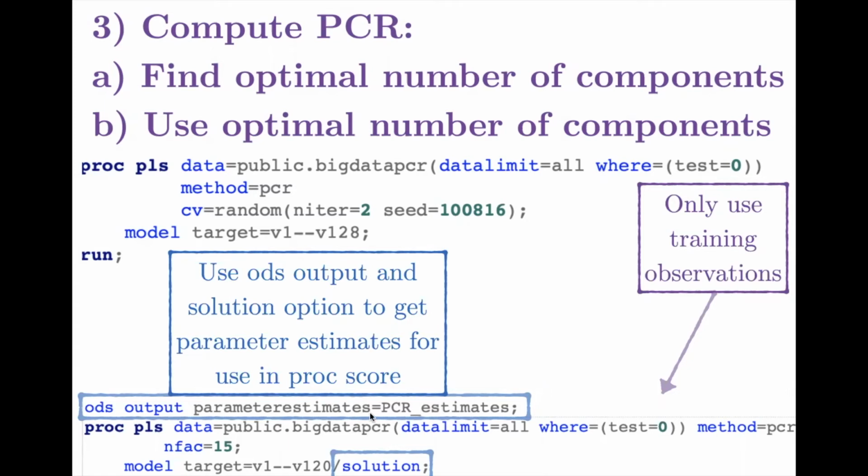So here I'm putting the table called parameter estimates into an actual SAS table called PCR estimates. And I have to have this solution option to make that work, to get those parameter estimates, because the estimates I'll get will be for raw data, no standardization or factorization required.